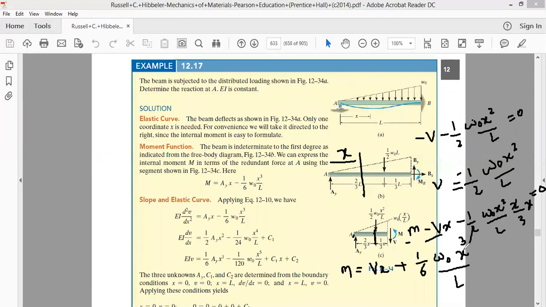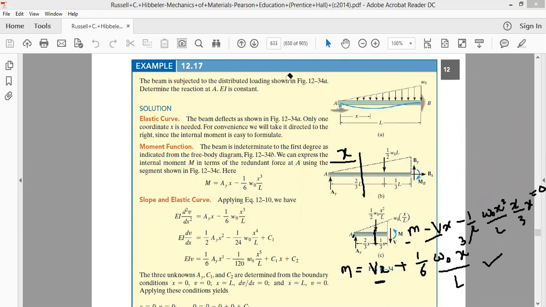As far as V is concerned, this equation is fine with us. Now we have to be careful about this V. Look here, we have to make a little change in the V that we have found. We have not taken AY into consideration.